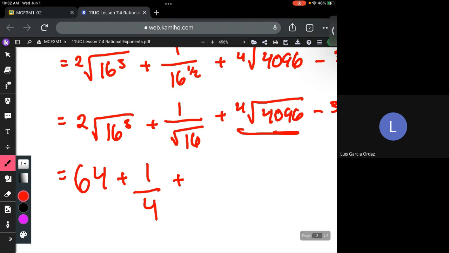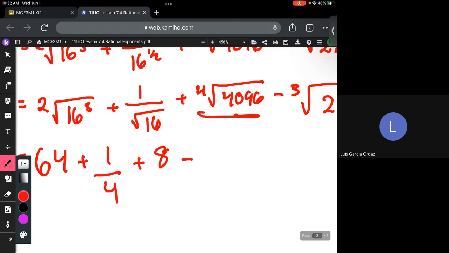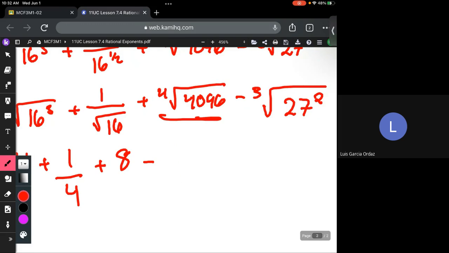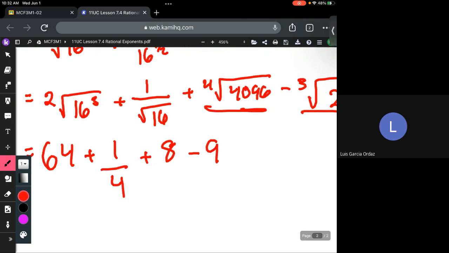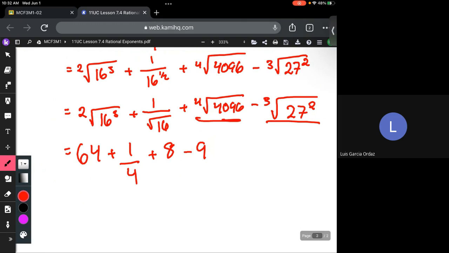No, but you want to work with fractions. Okay, so plus 8. And what does the last one give me? The cubic root of 27 to the power of 2. Minus 9. Okay. So we're going to leave the fraction until the end.